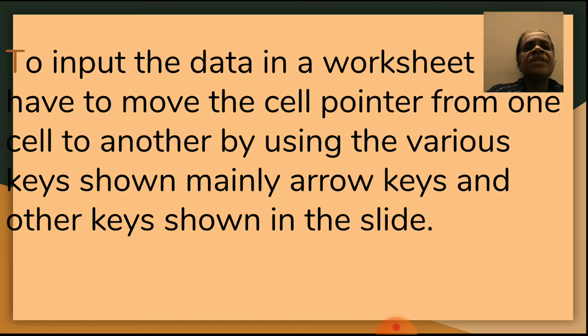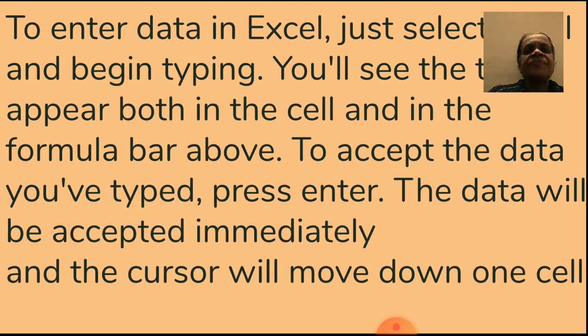To input the data in a worksheet, you are going to use these keys to move your cell pointer from one cell to another by using the various key combinations which I mentioned just now. How will you exactly enter the data? First, you have to select the cell, that means the cell in which you have to enter the data. Whatever data you are entering can be seen in your selected cell and also in the formula bar above.